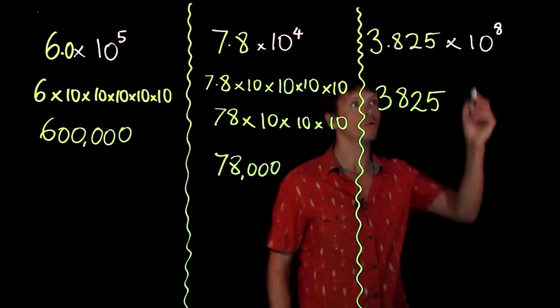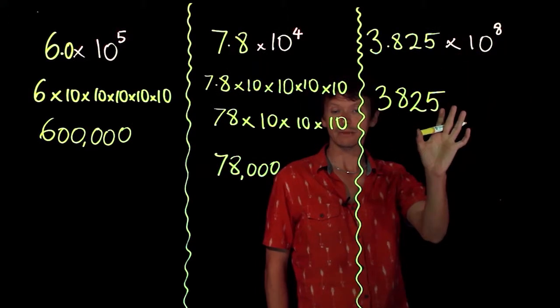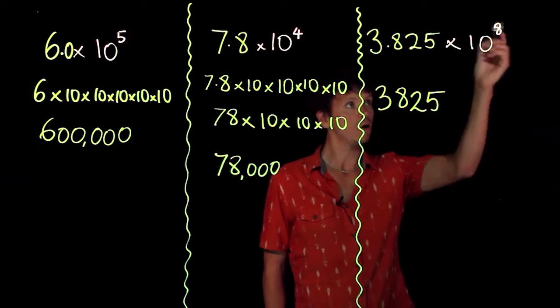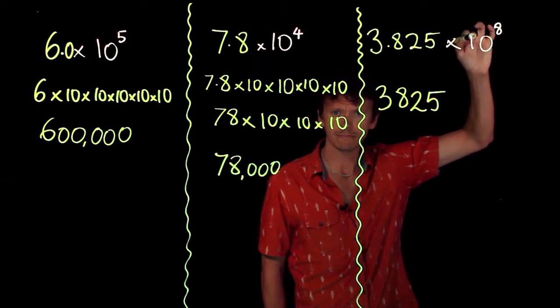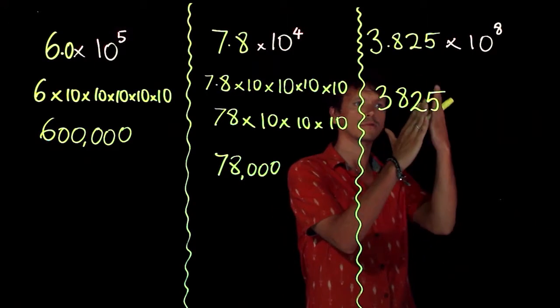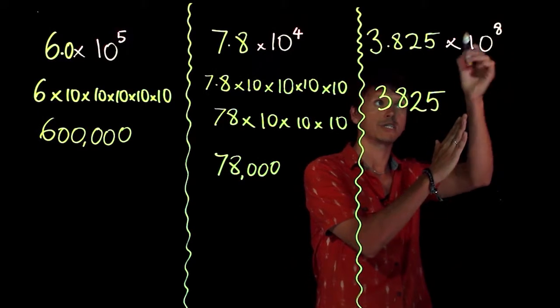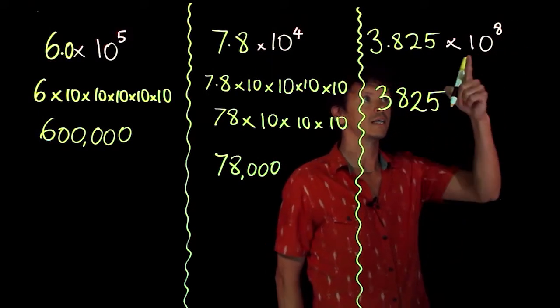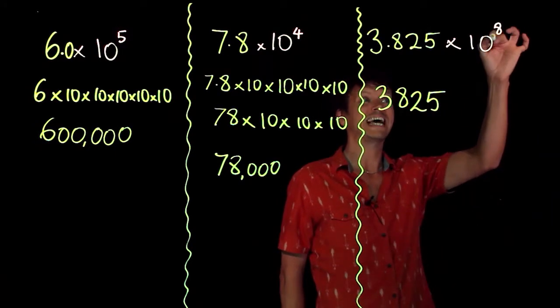And all I've done there is multiplied by 1,000. So 1,000 is 10 to the power of 3. So I've used up some of my powers of 10 here, and I need to think how many I've got left. I've multiplied by 10 3 times, but I had 8. So actually that's 3,825 times by 10 to the power of 5.